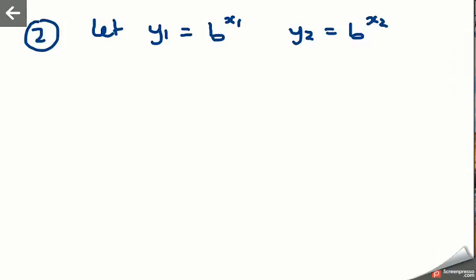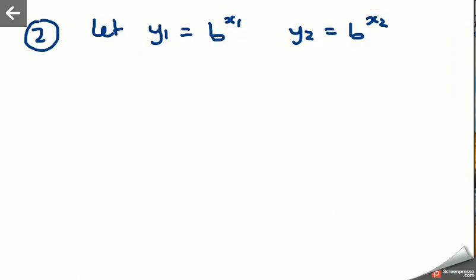As long as y1 and y2 are both positive, we can find x1 and x2 to make this true.